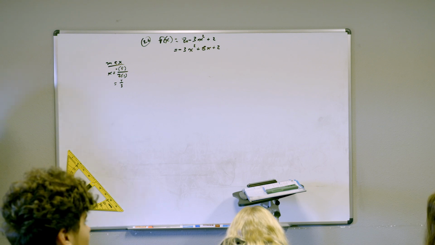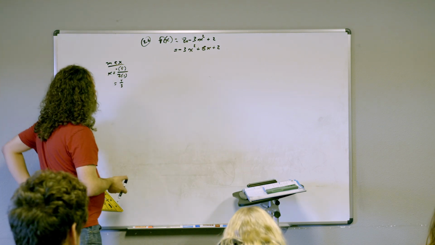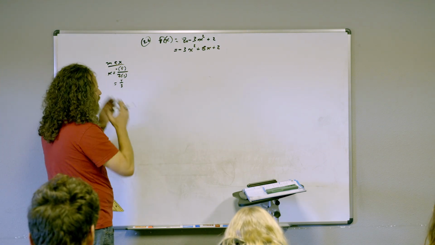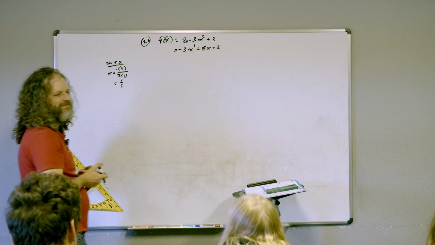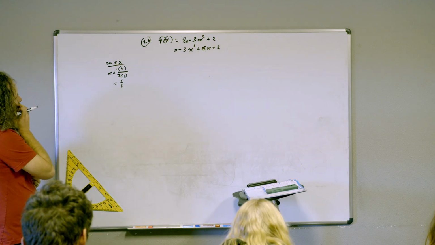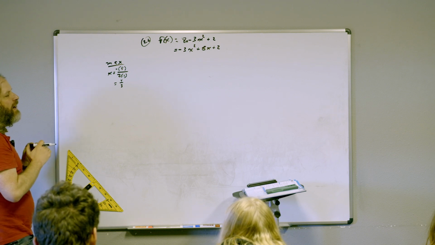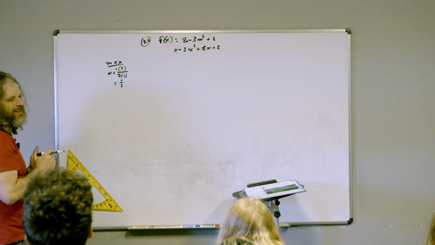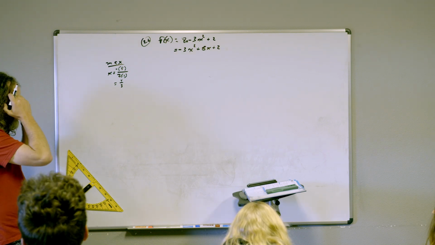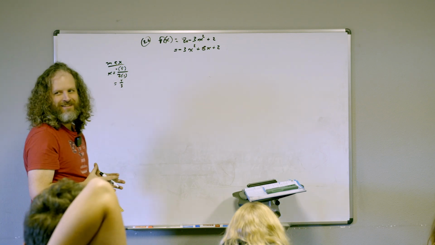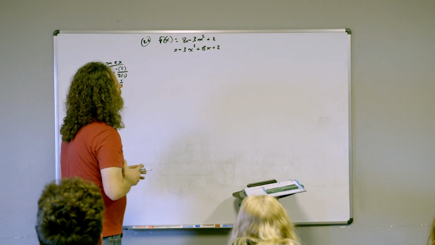That's what you told us to do. I want you to do here, then here. I yell at my Algebra 1 kids that all the time. Do here and then here, because you'll make fewer mistakes and you'll learn more.